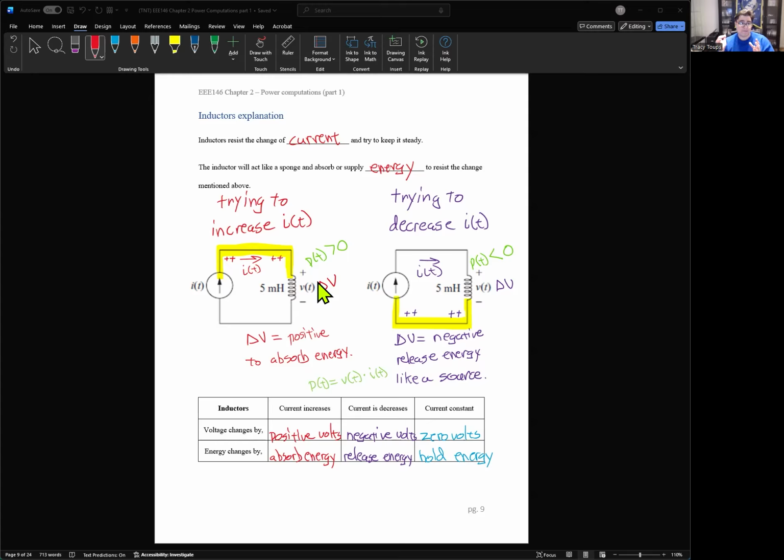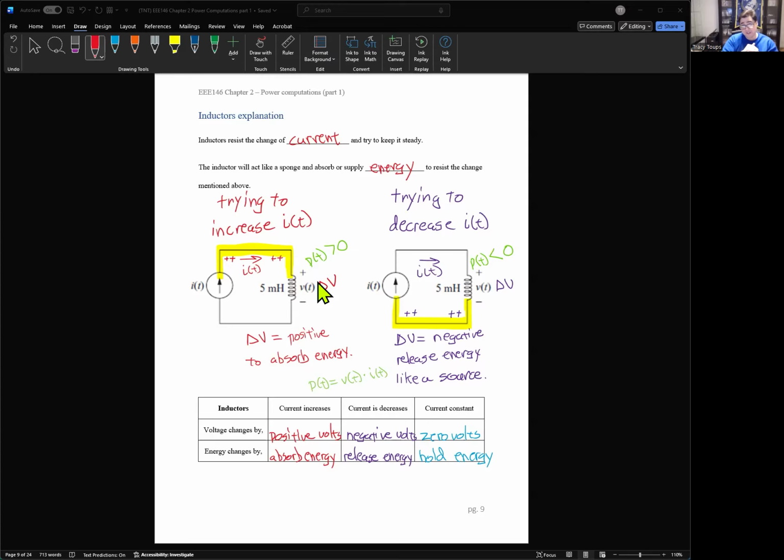If we try to say, hey, I want to push a lot of current through, the inductor's like, nope, I don't like you to change too fast. So instead, I'm going to absorb the energy from the circuit to slow down the current. So instead of changing current quickly, I'm just going to take the energy and we're going to change slowly. I'll eventually let you get to the high current, but I just want to be safe. Let's do it slowly, and I will absorb the extra energy that you want to try to push out.